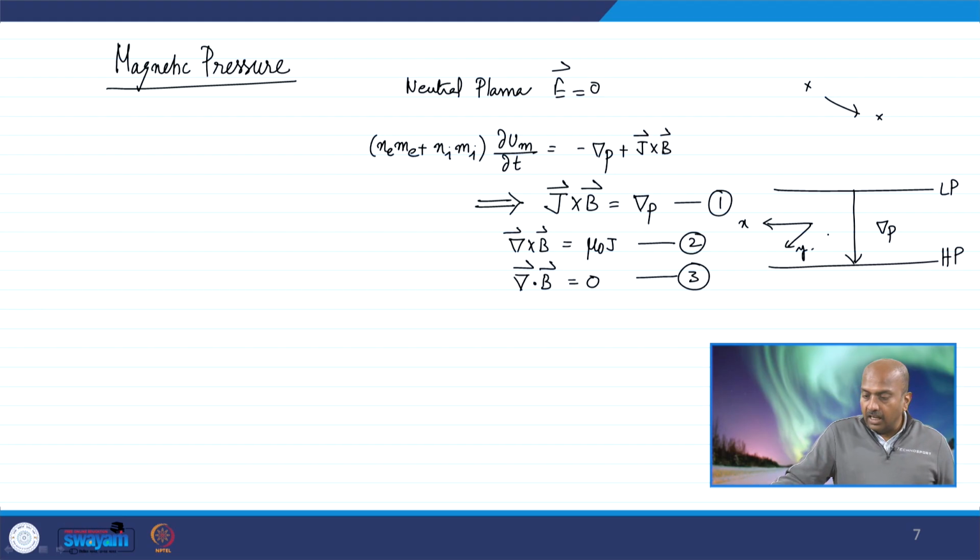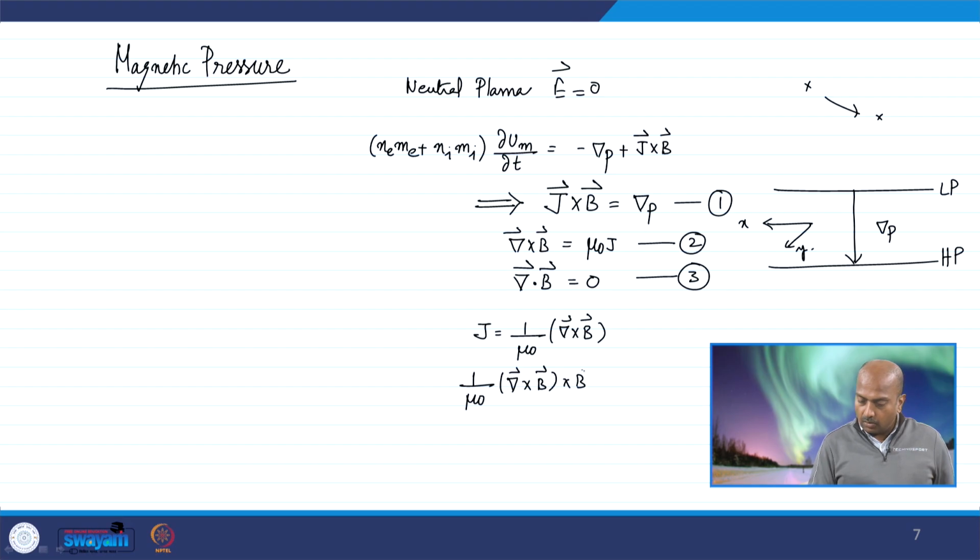So we can eliminate J from equation 1. We know that J is equal to 1 by mu naught times del cross B. Taking the cross product with B on the right, we can write 1 by mu naught del cross B cross B, which is simply J cross B, which we know is equal to the pressure gradient.